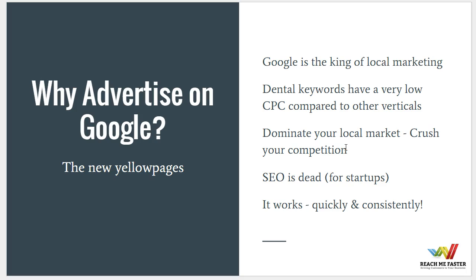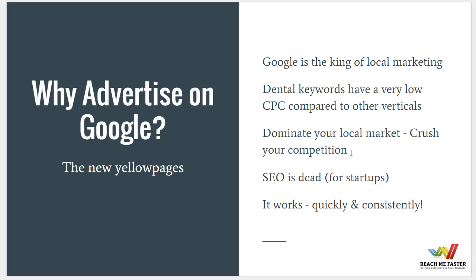So it's really at the top half of the page where most of the action is taking place, and so you can eliminate one of your competitors if you advertise on Google, and thus have more than one listing, possibly 3 or 4 listings on the first page of Google.